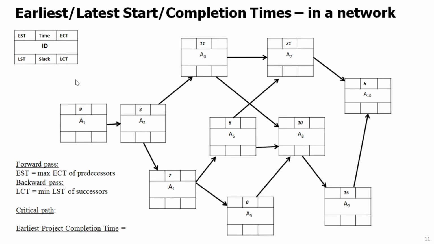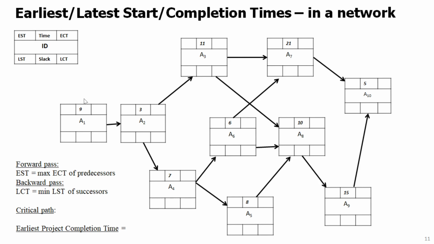Now, if you use software for managing projects, the earliest and latest start and completion times will usually be expressed in days and hours from a particular date that you designate as the starting date of the project. However, here for simplicity, rather than putting dates, I'm going to put a number of days from the moment we begin the project.